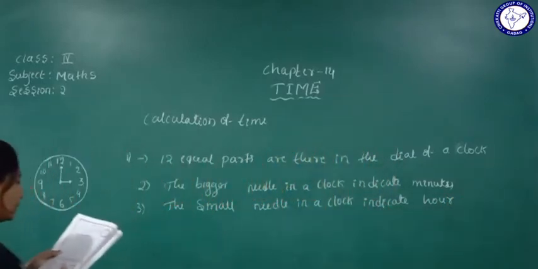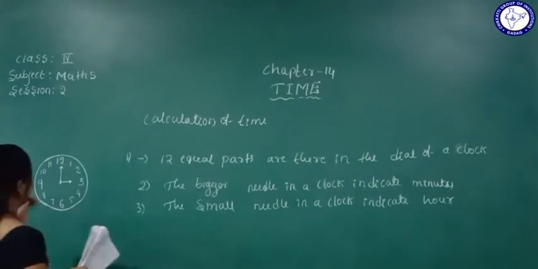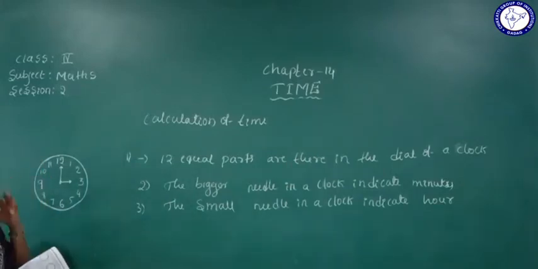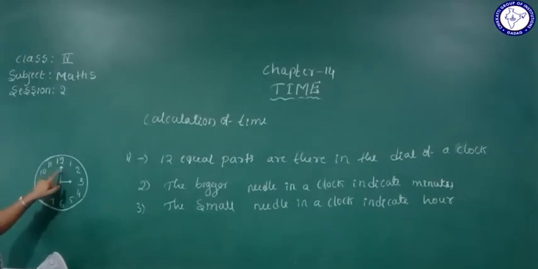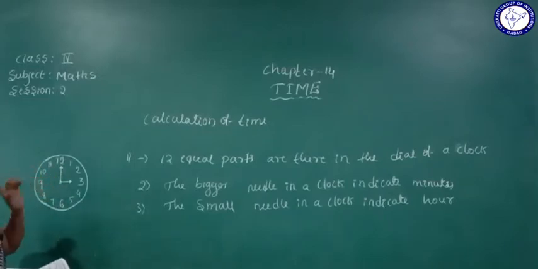Next, how many minutes are there in an hour? This long needle, the big needle, starts from 12 and comes around again to stand at 12. So it completes 60 minutes in an hour.